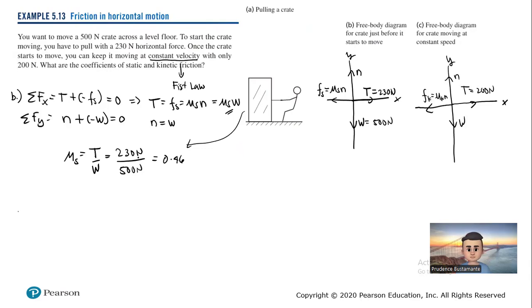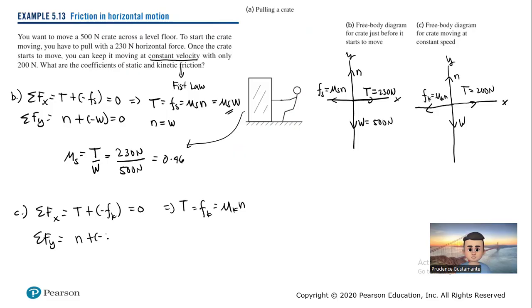For letter C, the free body diagram: the summation of all the forces along x is equal to the tension plus F of K is equal to 0, which implies that the tension is equal to F of K, which is equal to mu sub K times the normal force.